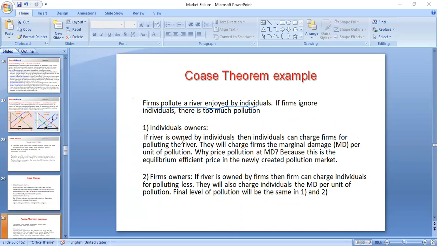He said that the property rights could be assigned to any of the parties.